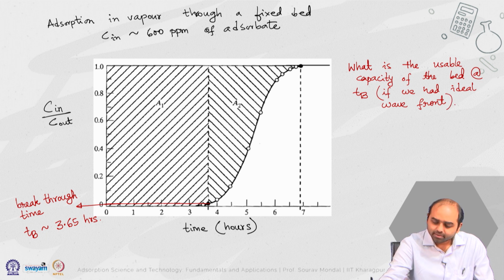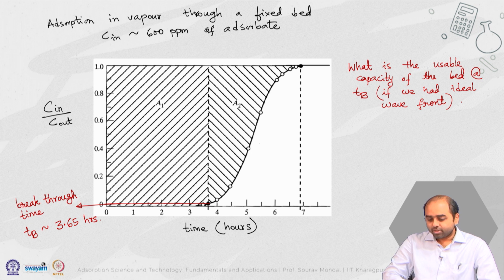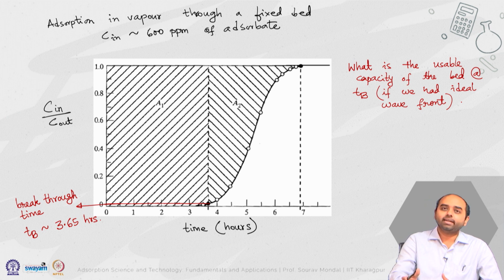Which means that there is no mass transfer resistance. So in this case, the ideal wave front capacity would be the ratio of the shaded areas of A1, particularly on the onset of the breakthrough time, with respect to the total area.